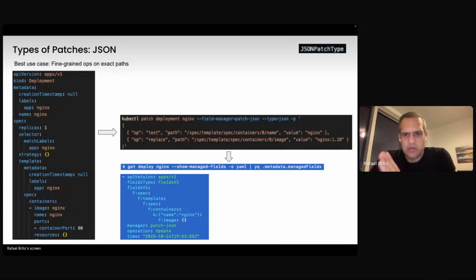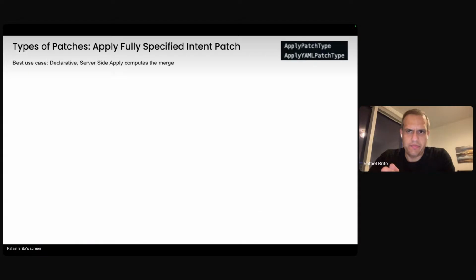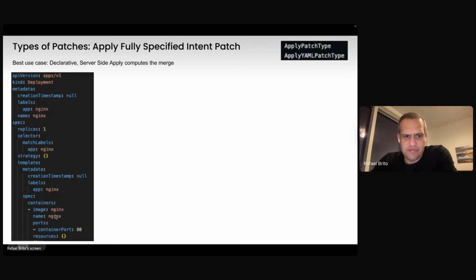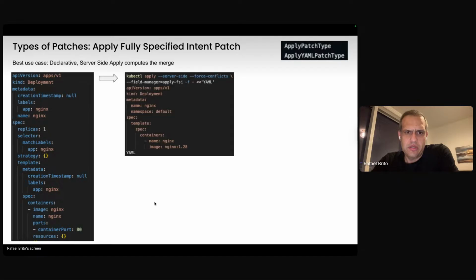Now, I'm going to talk about what SSA is bringing to the table when it comes to patch. That's what we call apply patch type. The best use case is declarative, and server-side apply computes all the changes for you. So we have the same usual suspect, and now I'm going to apply this patch.